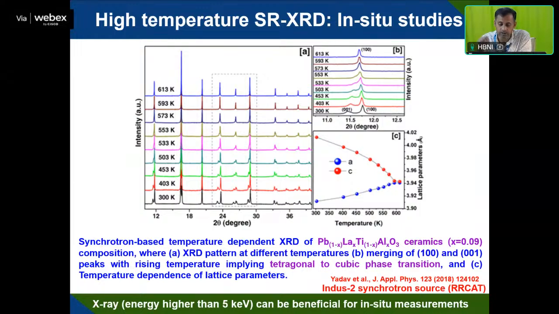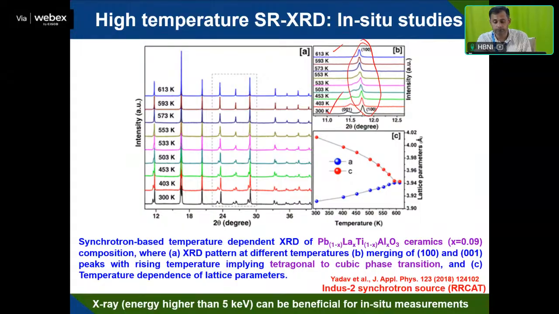In synchrotron XRD, you can also use this facility for high temperature XRD measurement as well as high pressure. If you see the synchrotron temperature dependent spectra here, you can see how that particular 100 peak is changing with temperature from 300K to 613K.